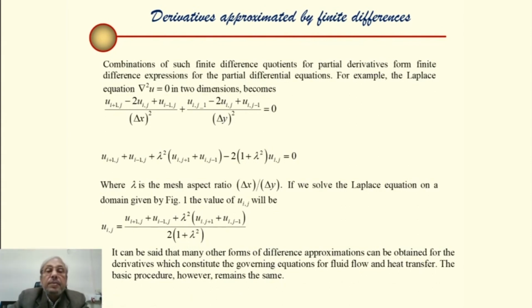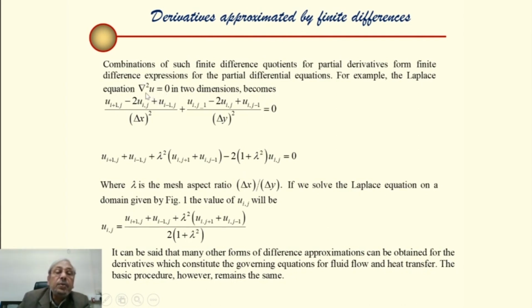Now, combination of such finite difference quotients for partial derivatives form finite difference expressions. For the partial derivative, we can find out the finite difference quotients for each derivative. Like del 2 grad square u equal to 0. This is a Laplace equation.